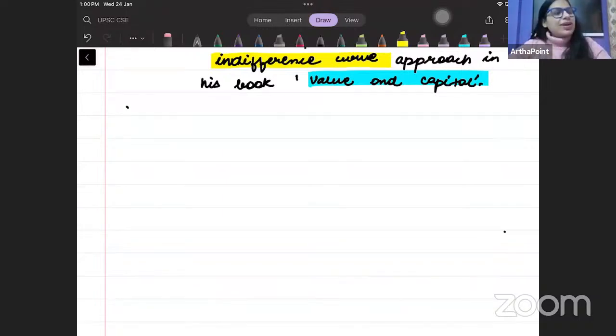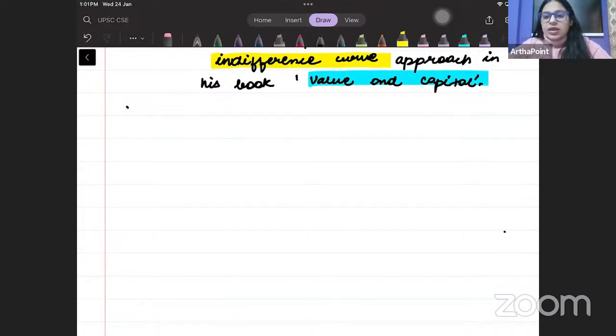If I give the consumer a bundle of one apple and one orange, and another bundle with 2 apples and 0 oranges, how will the consumer rank them? Does he want 1 apple and 1 banana or 2 apples and 0 bananas? How will he rank different bundles? That is what we want to study, the behavior of the consumer.